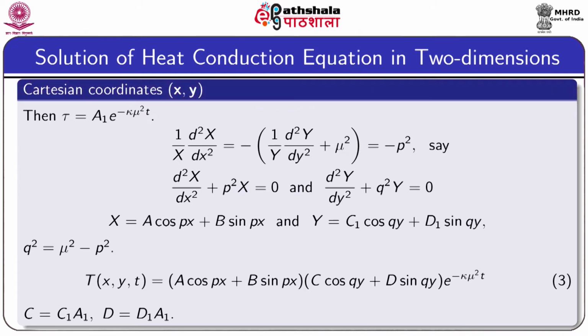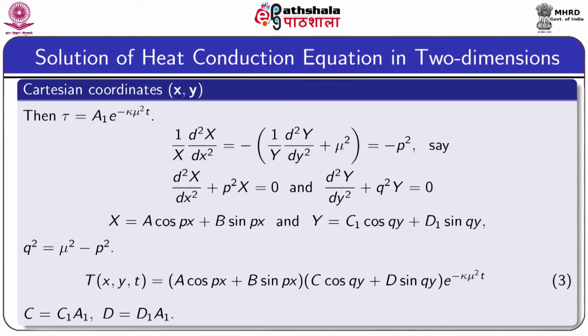These two equations can be solved easily, and the solutions are written here. Capital X is a cos px plus b sin px, and capital Y is c1 cos qy plus d1 sin qy, where c1, d1, a, b are integrating constants.